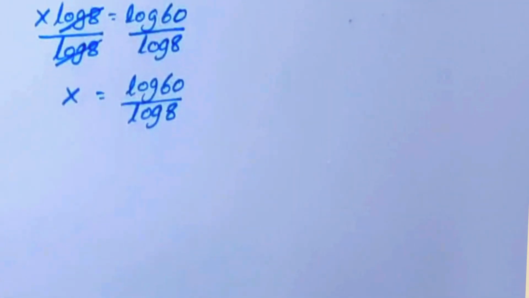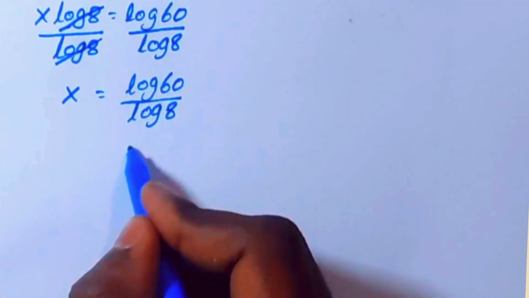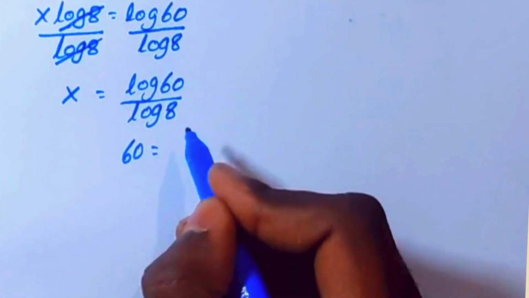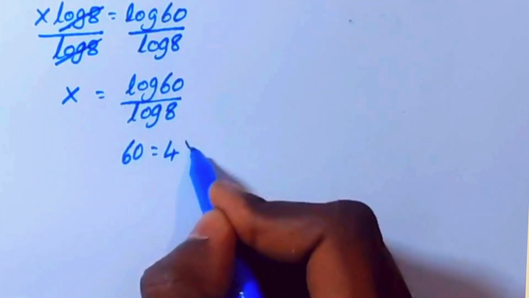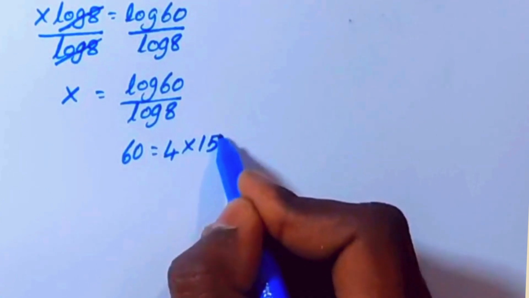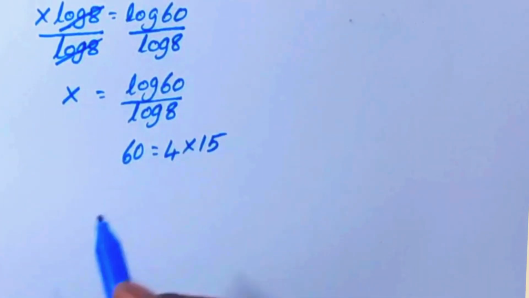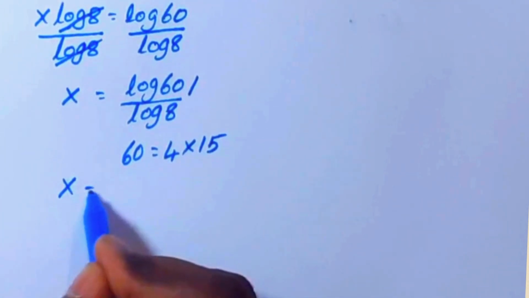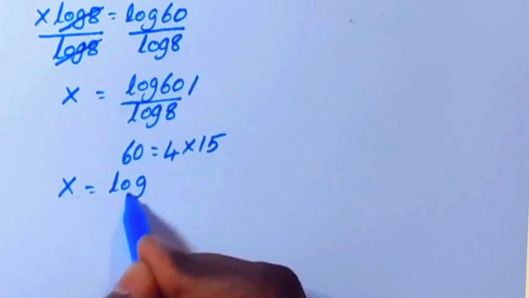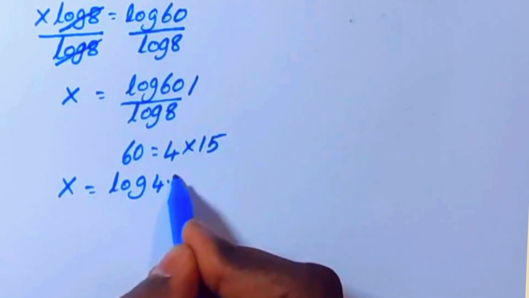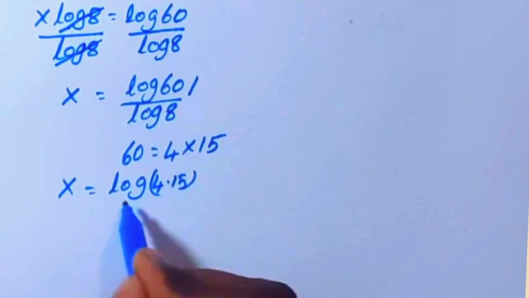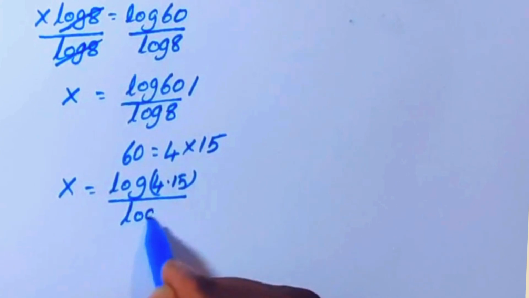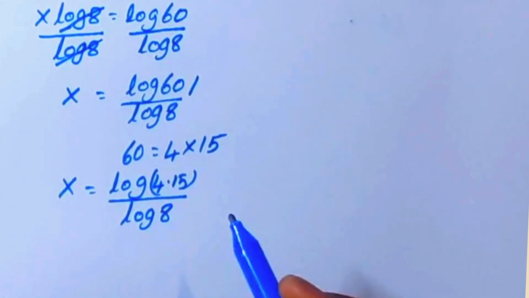Now this 60 can be written as 60 equal to 4 times 15. So we are going to implement that here. So x equal to log of 4 times 15 by log 8.